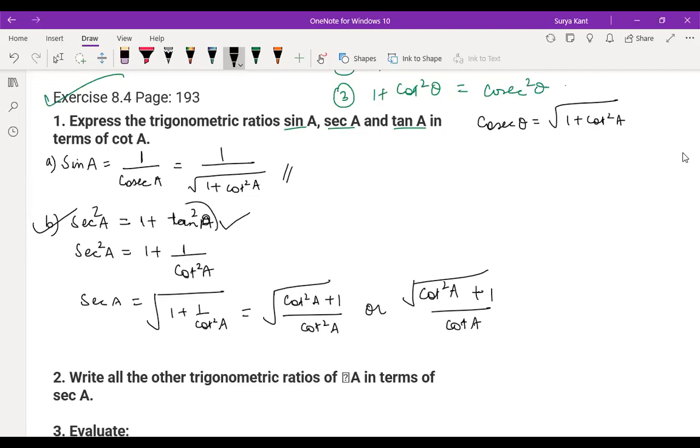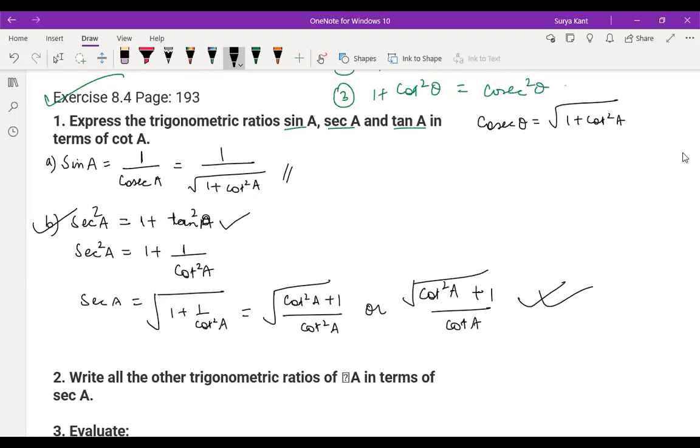Because tan A we can write in the form of cot A, that is the reciprocal of cot. So we can write tan square A is equal to 1 divided by cot square A. So sec A is nothing but the root of this, and you'll get the answer.